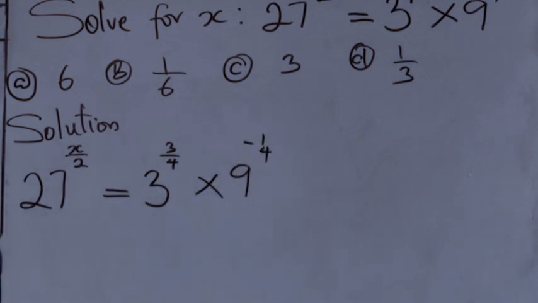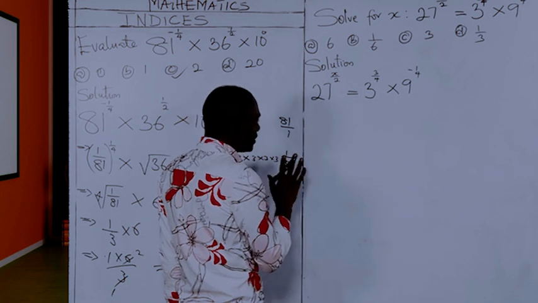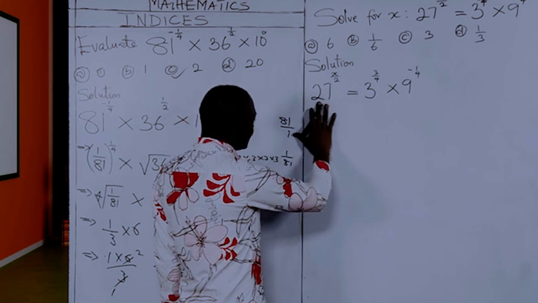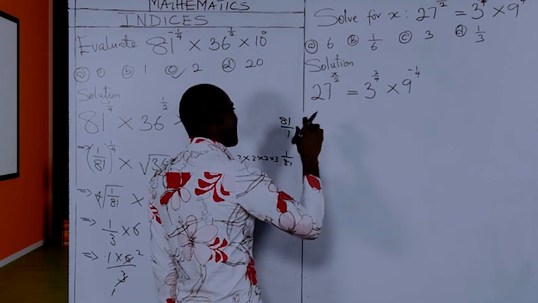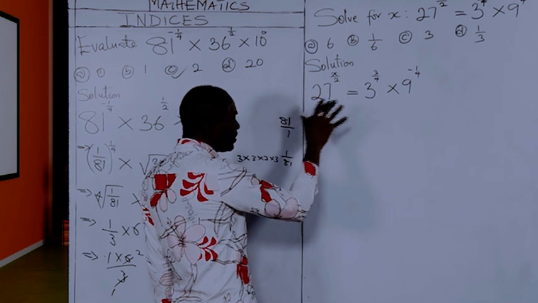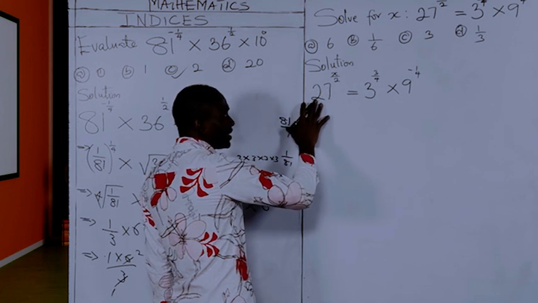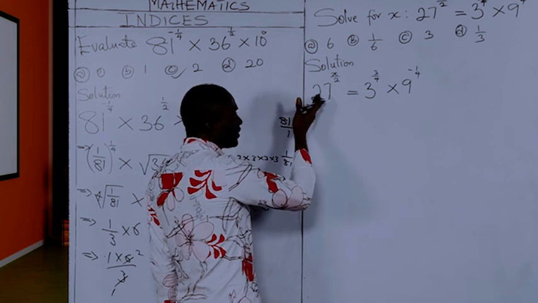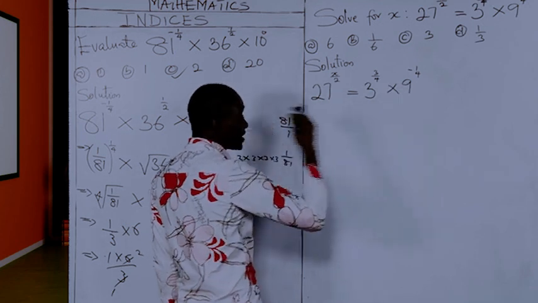The question looks complex, but when you start at it, it's just simple. We have 27 as a base here, 3 as base here, 9 as base here. You would have known that there is a common base, because 27 can be expressed in index form, and 9 can be expressed in index form to give us 3 as base.